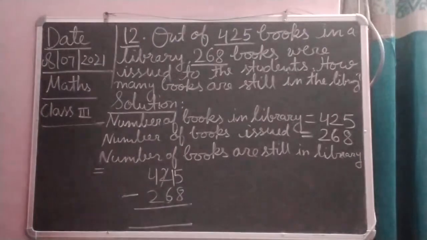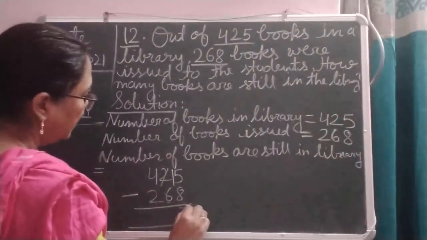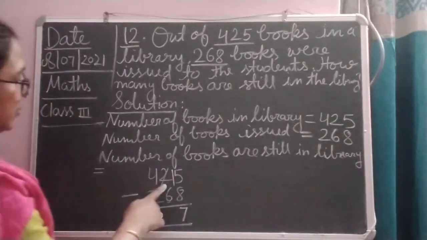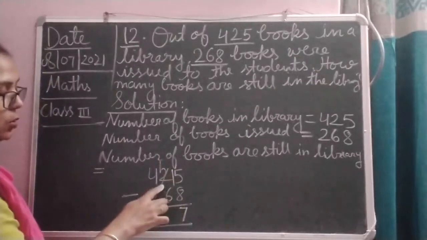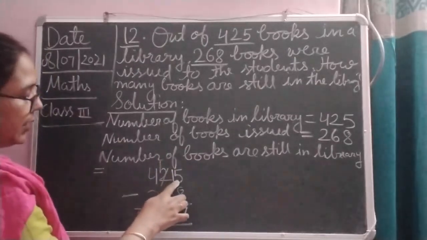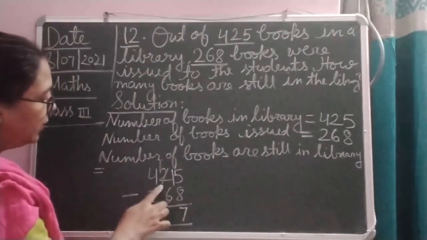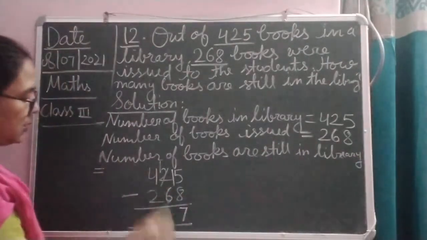15 minus 8. What is the answer? 15 minus 8 is 7. Okay. Now here because 2 tens has given 1 ten to this 5 ones, only 1 ten is left. So it is very less in comparison to 6. So what we will do?